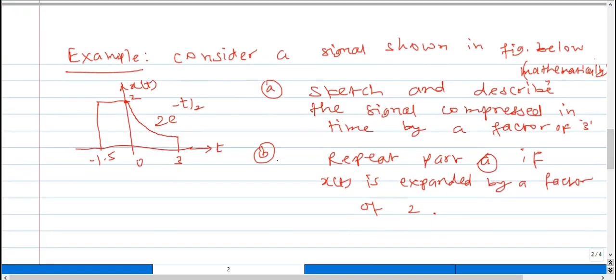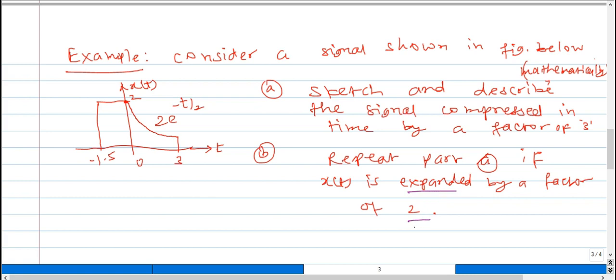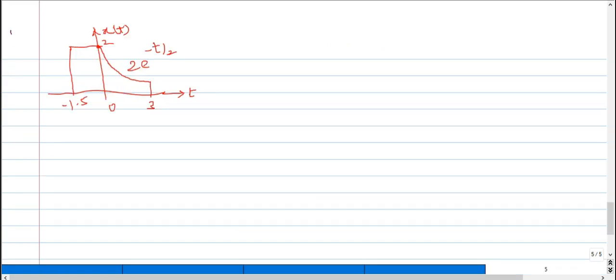Now in part B, we are asked to sketch and write the mathematical expression of this signal if it is expanded by a factor of 2, meaning we have to find x of t by 2. Okay, this is part B. Now let us define the expanded signal by xe of t, and it will be x of t by 2.